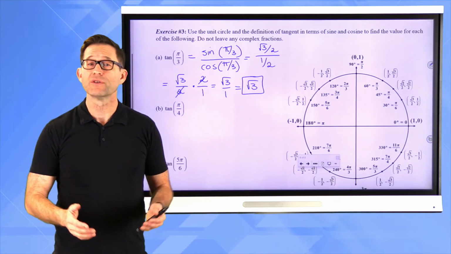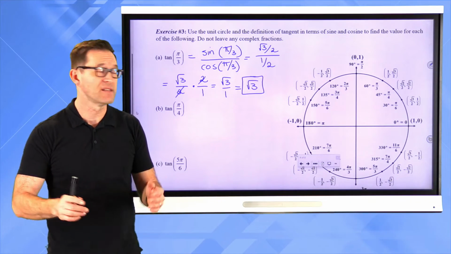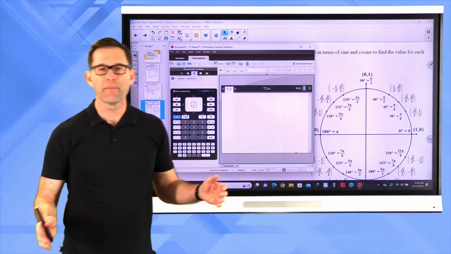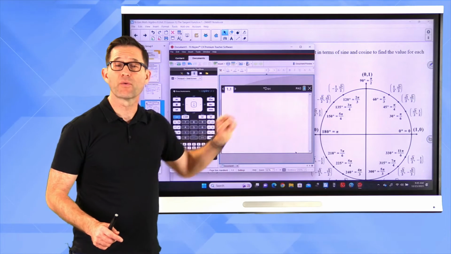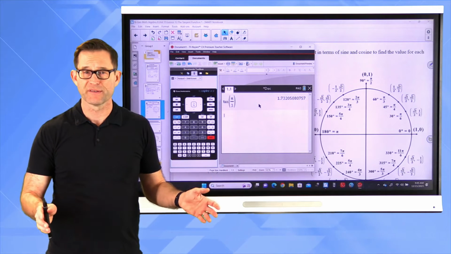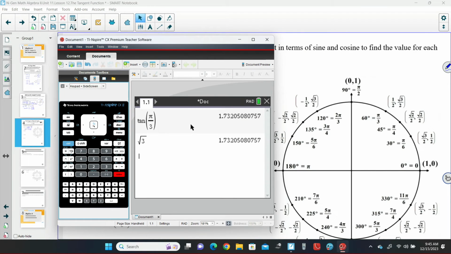Now, by the way, of course, your calculator can tell you this as well, but it will tell you this in terms of messy decimals. So just for the time being, if I've got my calculator out, make sure that it's in radian mode. If I go to trig and go to tangent, and I enter pi divided by 3, it tells me that the tangent of pi over 3 is this ugly decimal, 1.7320, etc. Now, what we just saw was that the tangent of pi over 3 should be the square root of 3.